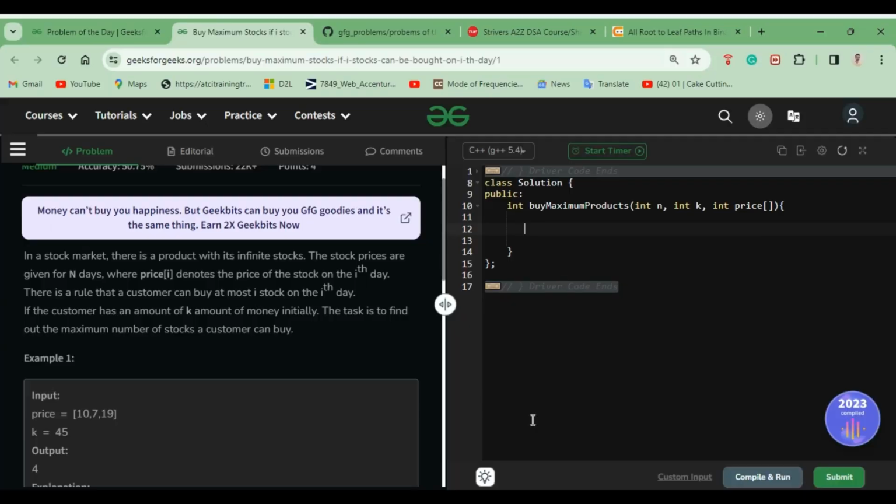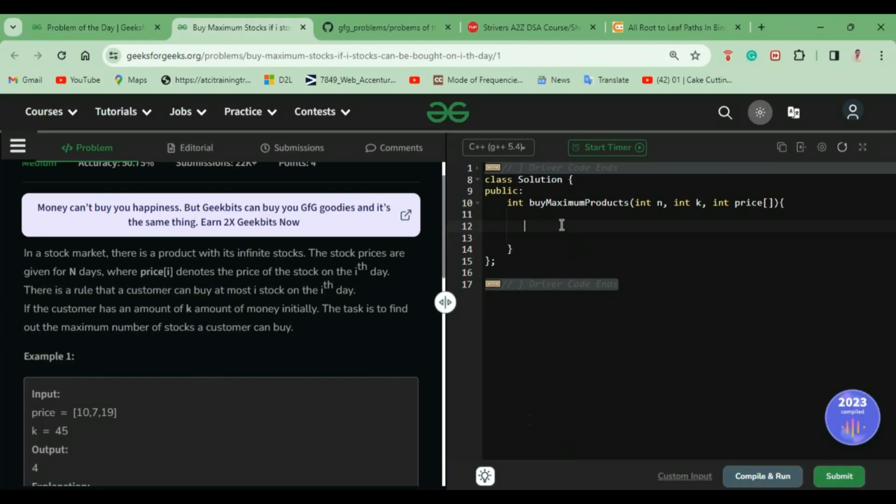Okay, so let's try to solve this problem. What we'll be doing is first taking this price array into a vector named price1 which contains pairs of integers, and we will name it pair one.